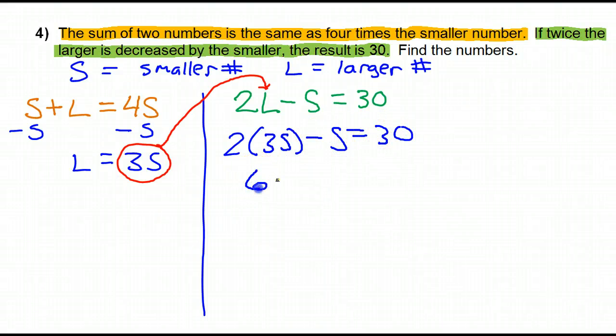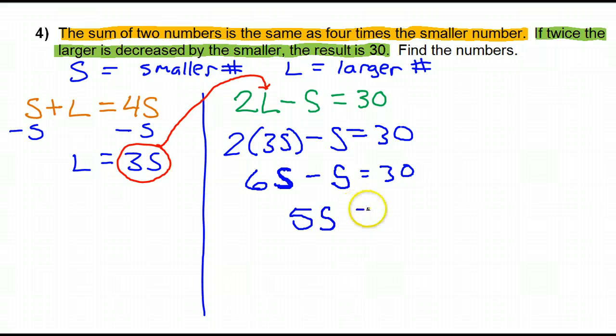So that's 6S minus S is equal to 30. All right, of course that's 5S. Man, I do not like using S's. And now I'm going to divide by 5 on both sides.